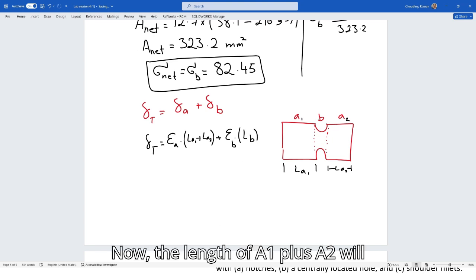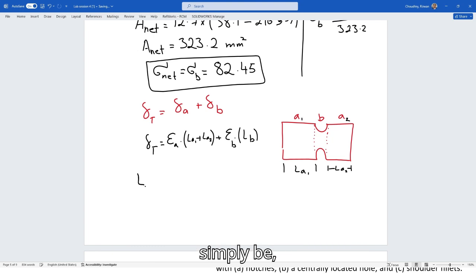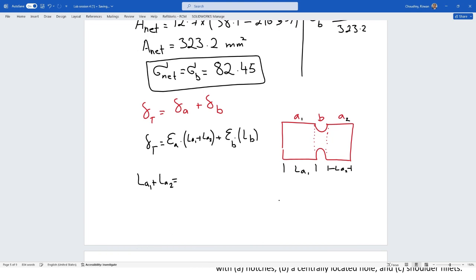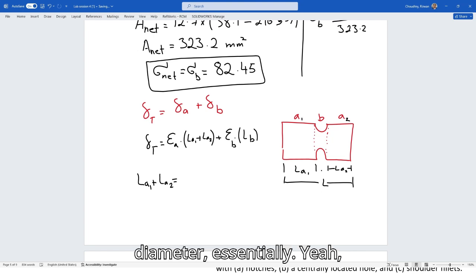Now the length of A1 plus A2 will simply be the total length minus the notch diameter, essentially. So it is basically 2r that you need to subtract, okay?